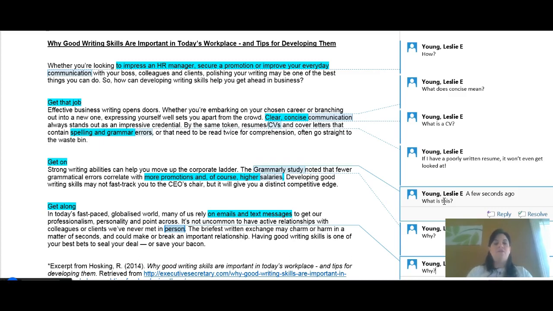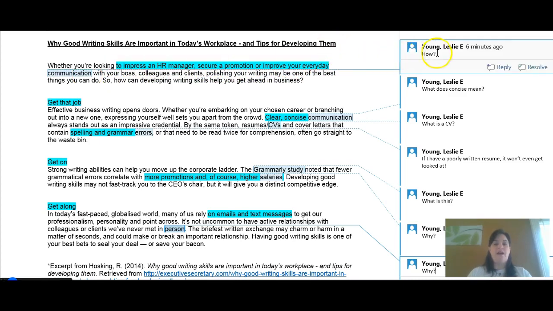Okay, so in my review phase, I'm going to look at what I highlighted in my notes, and I am going to try to answer any questions that I asked that were maybe answered by the document. So the first thing I highlighted was to impress an HR manager, secure a promotion, or improve your everyday communication. And I wrote how.